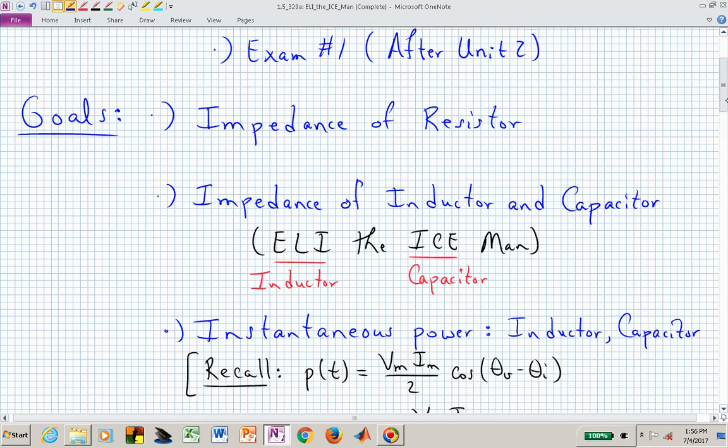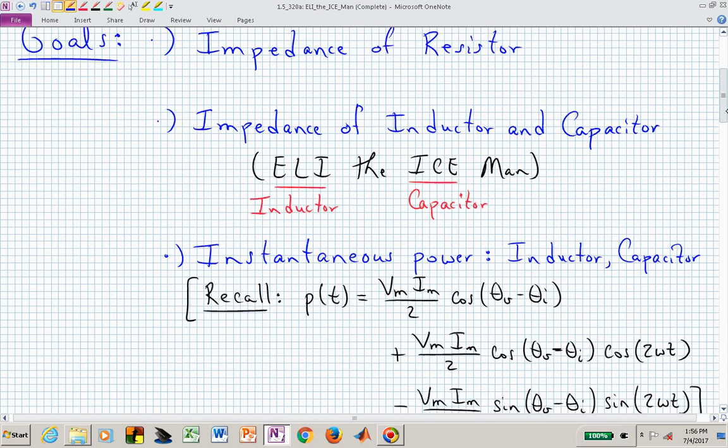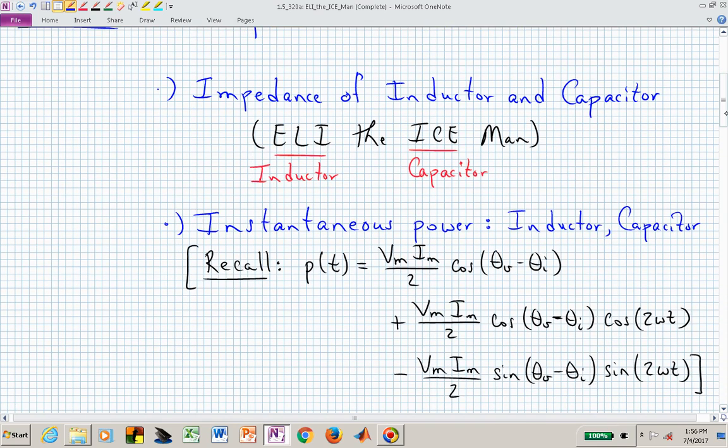And then we will look at the instantaneous power associated with the inductor and capacitor, again recalling our formula for the instantaneous power that we derived last time for a generic element.